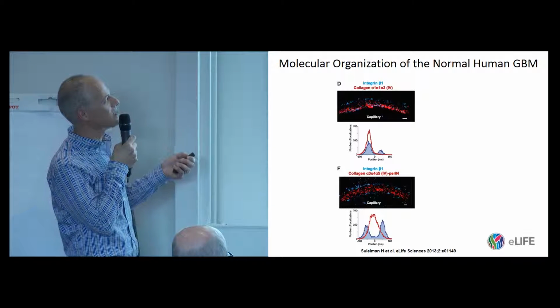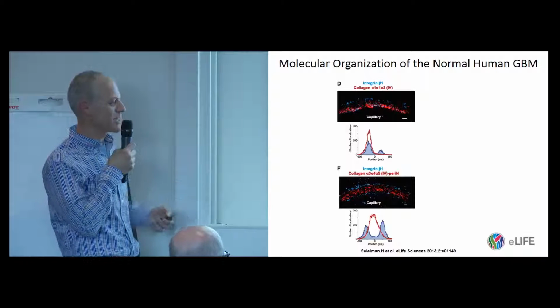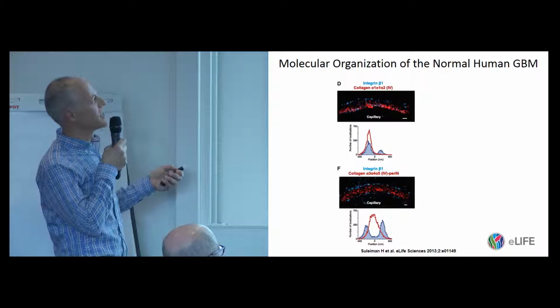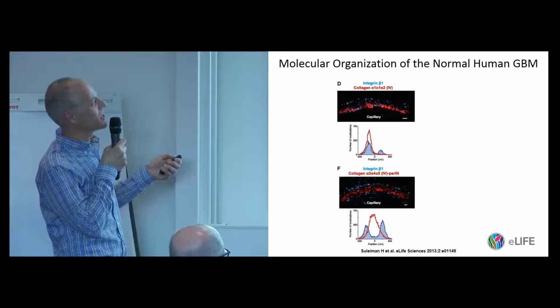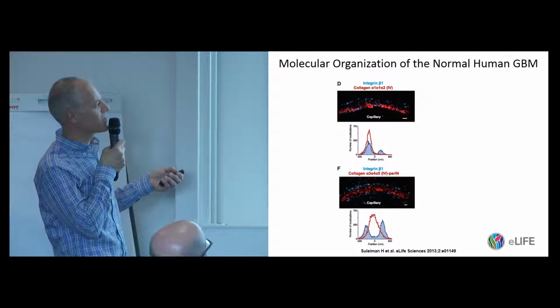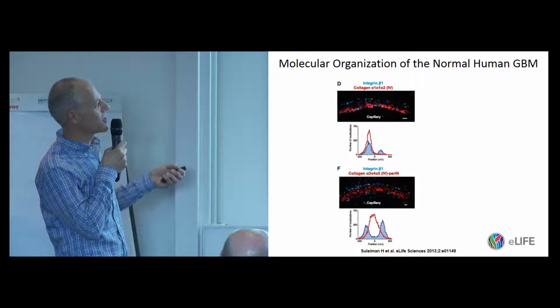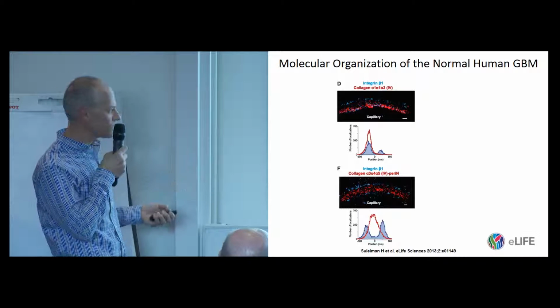We could double stain with an antibody to the extracellular domain of a receptor that binds matrix proteins called integrin beta 1. You can see the integrin beta 1, this is now the podocyte side up, is present also on the endothelial cells, and it's graphed here. The blue is integrin beta 1. So you're seeing an endothelial peak and a podocyte peak. Most of the alpha 1/2 network is directly adjacent to the endothelial integrin beta 1.